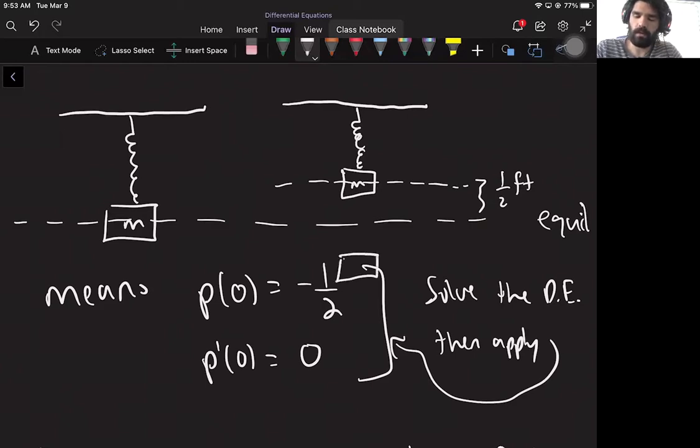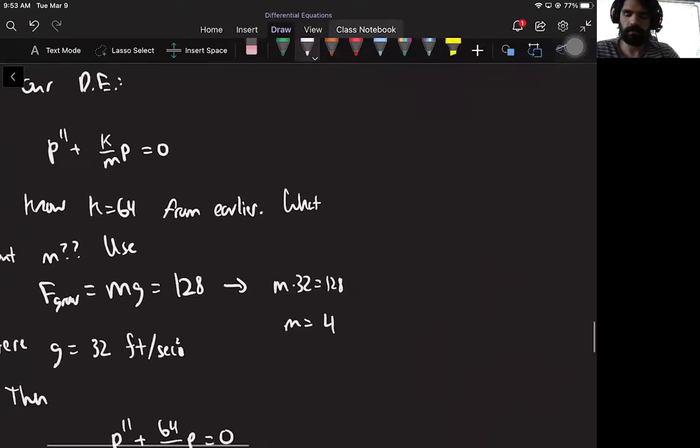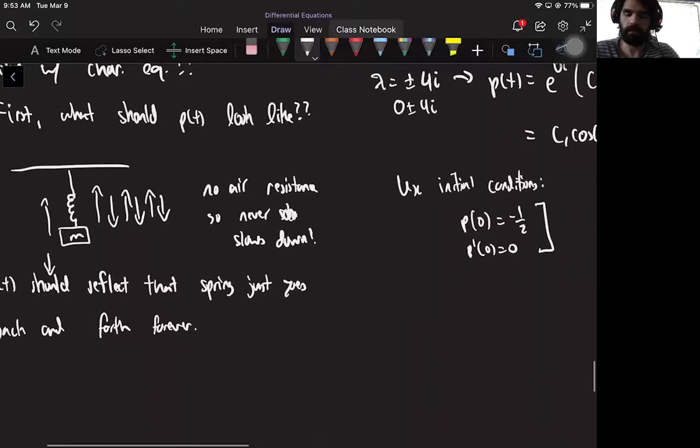It's only going to go back and forth because there's nothing else pushing it further than that. So it's just going to go between there and here. Up and down forever, and that's what this cosine graph reveals. Okay, so that's part A.